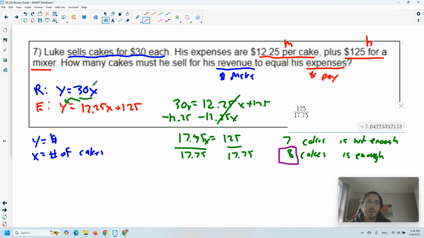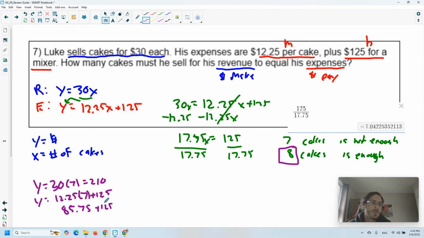We could plug it in and try it out. If it was 7, y equals 30 times 7, which is $210. And y equals 12.25 times 7 plus 1.25. Again, probably going to use a calculator on this one. 84, and that's another $1.75, so 85.75 plus 1.25.